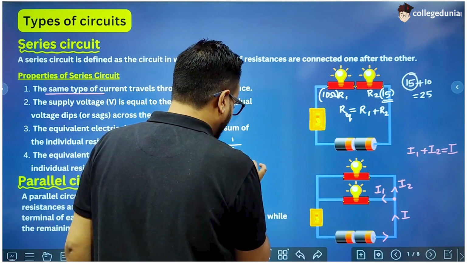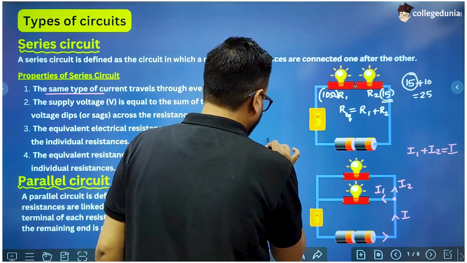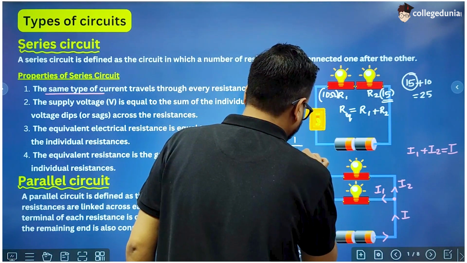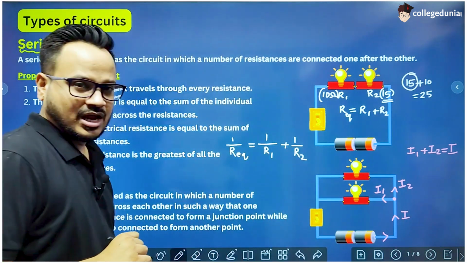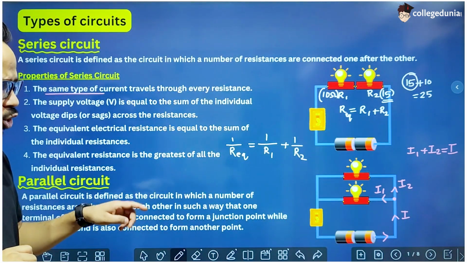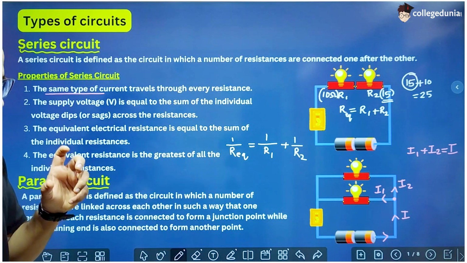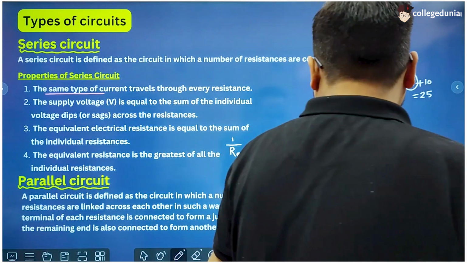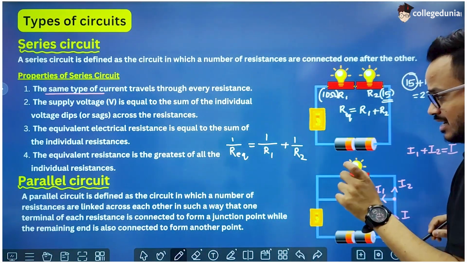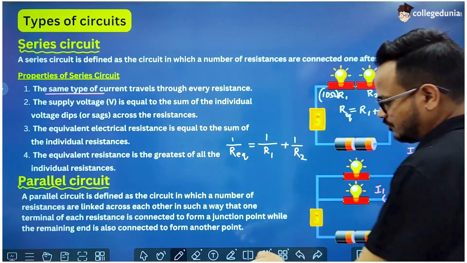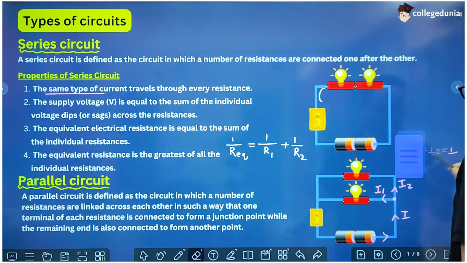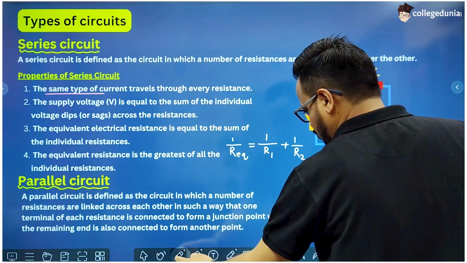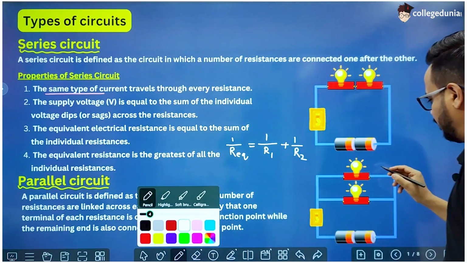So we can say that the equivalent resistance in case of two resistors connected in parallel is 1 upon R equals 1 upon R1 plus 1 upon R2, which means that the overall resistance will decrease and it will be less than the least of the 2 resistors or 3 resistors or any number of resistors. Now let us say that these are the same bulbs which were connected in series before. Now we have connected the same bulbs in parallel.